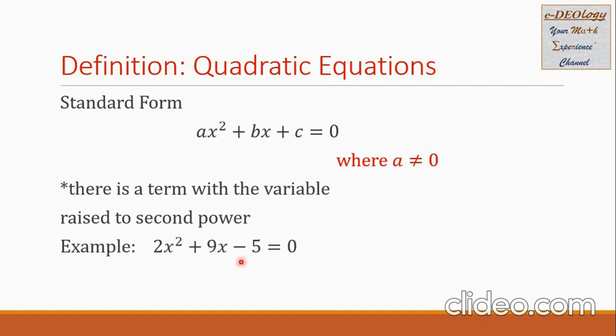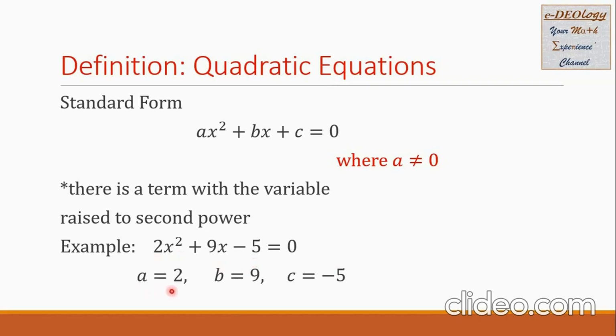In here, our example is in standard form. All the terms are on the left side and it is equal to 0. Then we can collect the a, b, and c. Take note that the a is the coefficient of x².